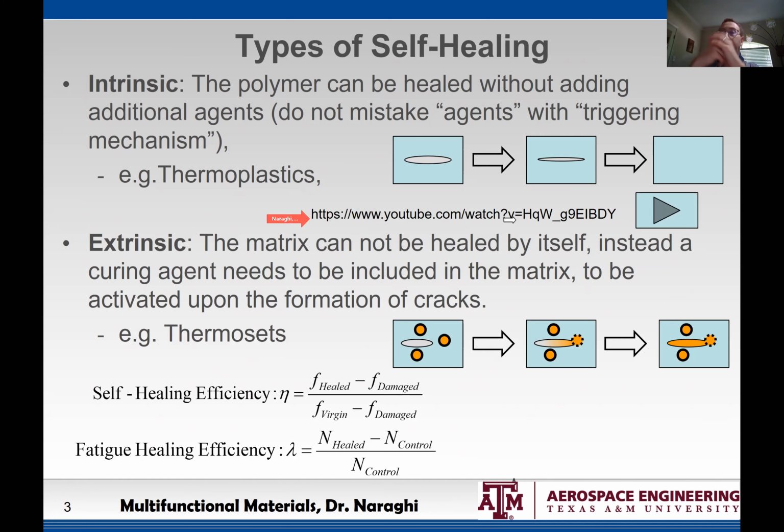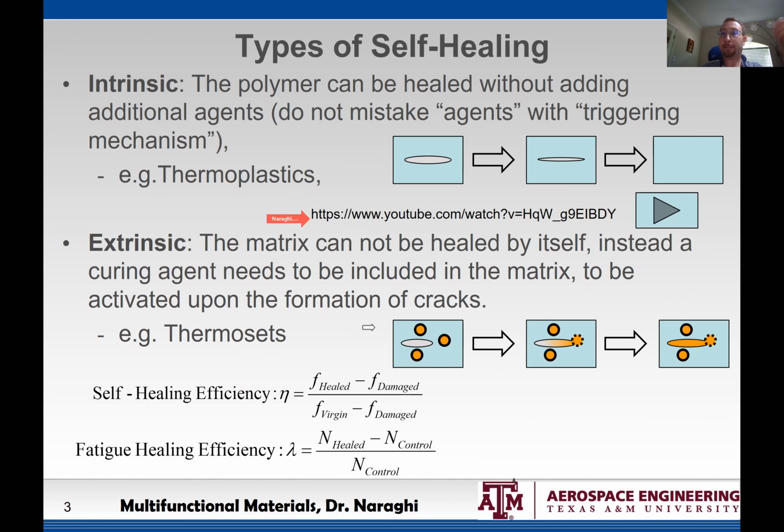The temperature of the polymer will go up, and now chain mobility will go up, and then it can heal itself. We will explain the mechanisms of intrinsic self-healing in the handwritten notes that I will share with you.